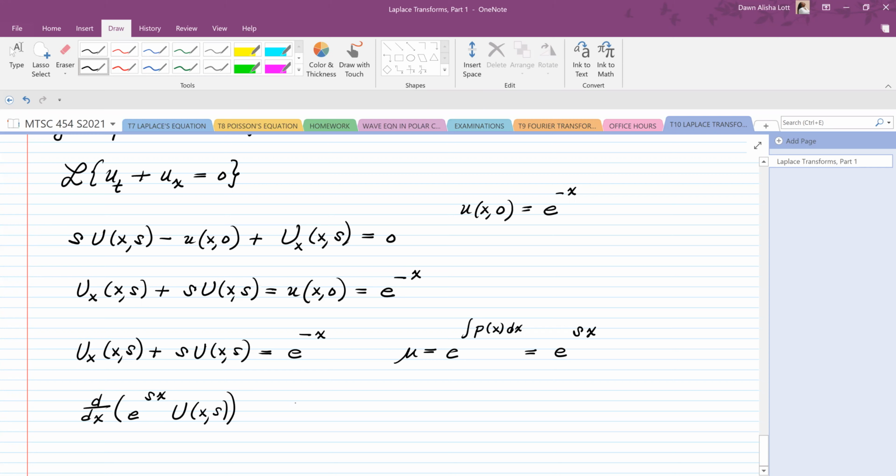And this side becomes e to the sx times e to the minus x, which becomes e to the s minus 1 times x.